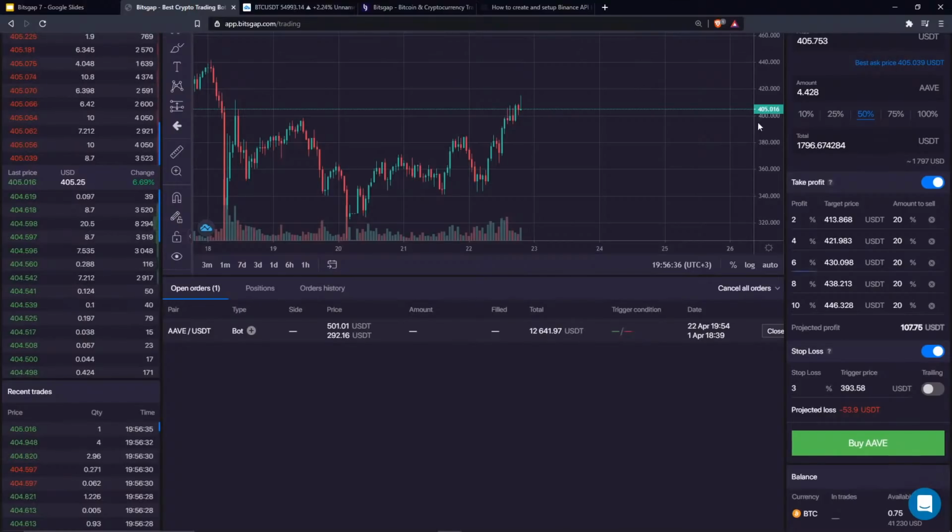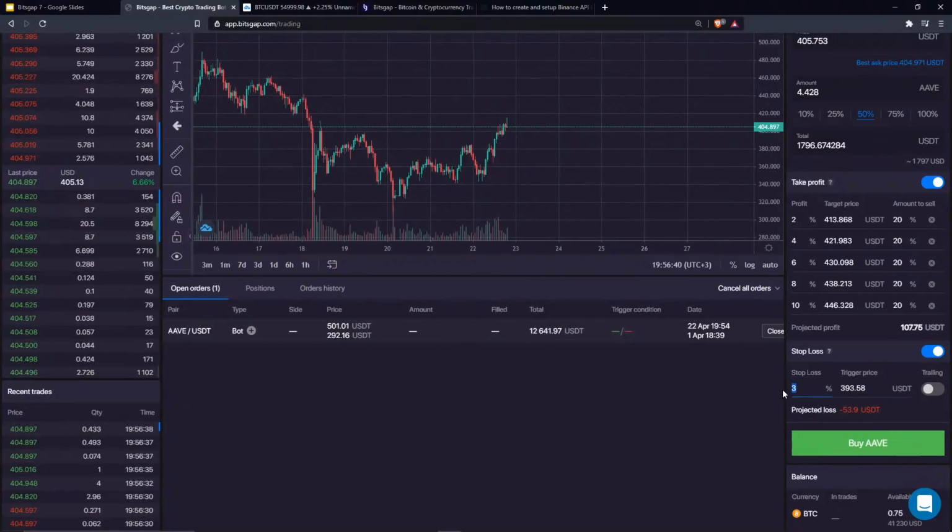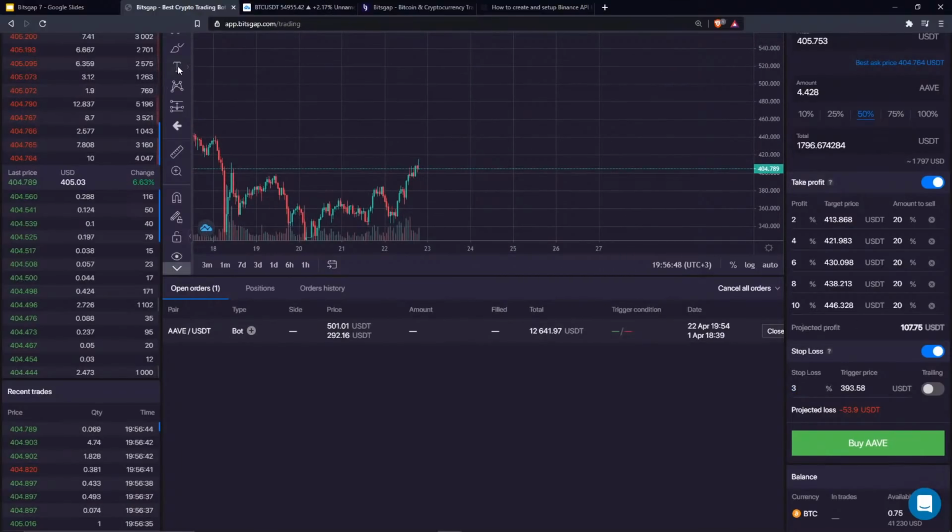If the current market conditions are perfect to have this stop loss, like in this case that's only 3% down from the current price, and you see that most likely the price will go higher, you set all these take profits, projected profit 107, then go for it.